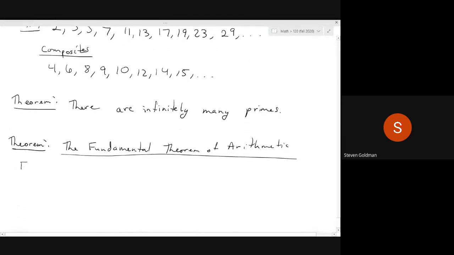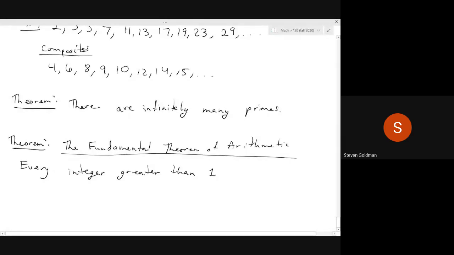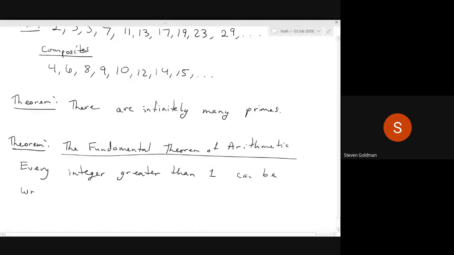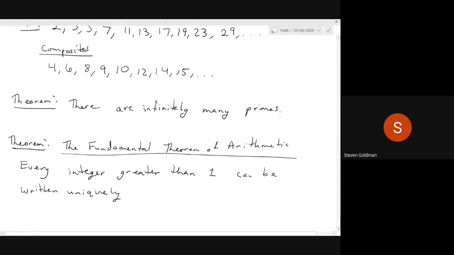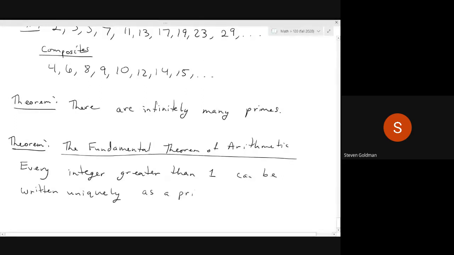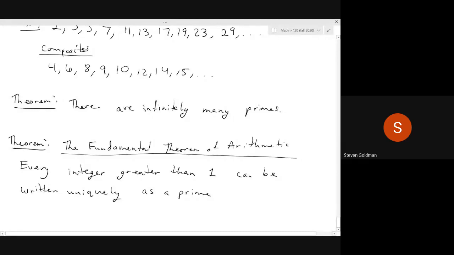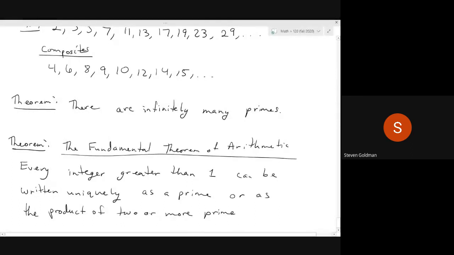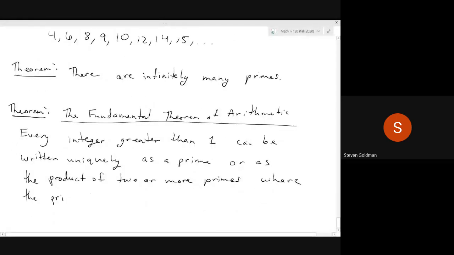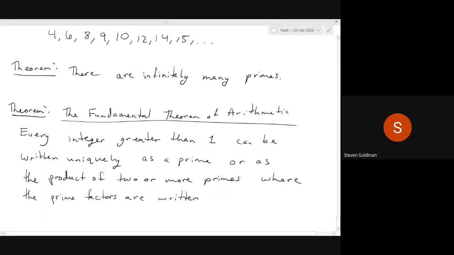It's as follows. Every integer greater than 1 can be written uniquely as a prime or as the product of two or more primes, where the prime factors are written in order of non-decreasing size.